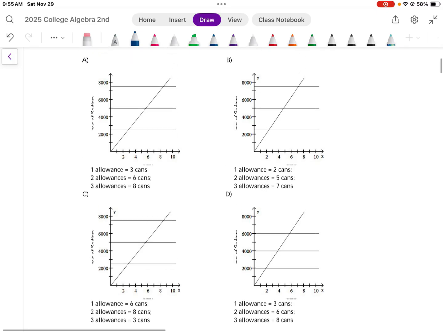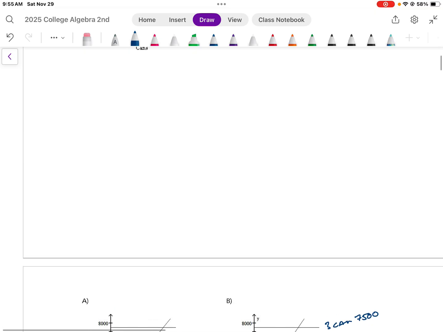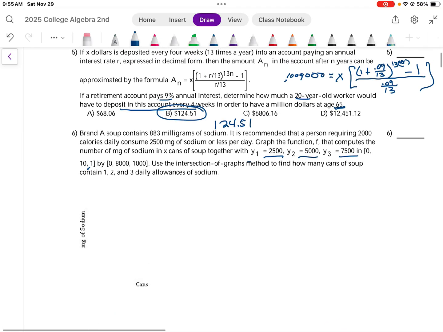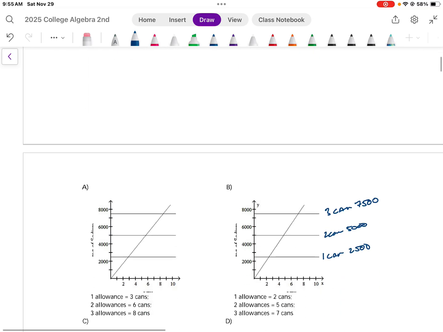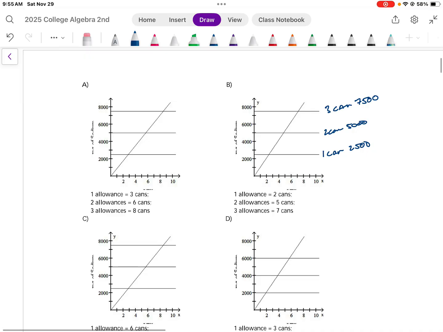So all those horizontal lines are supposed to be like this is for 1 can at 2,500, and then this one is 2 cans at 5,000, and this is the 3 cans at 7,500. So each of those horizontal lines there is for the Y1, Y2, Y3 things there. That's what those things are.